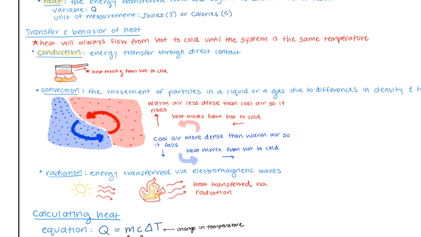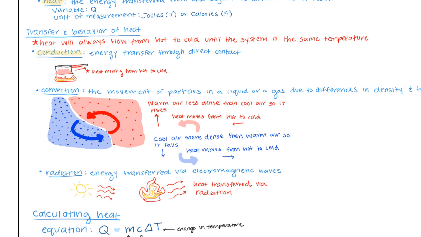So if you have very good conduction going on in that metal pot or pan that you're using to cook with, you might want to wear gloves. So that is the conduction of heat via direct contact.